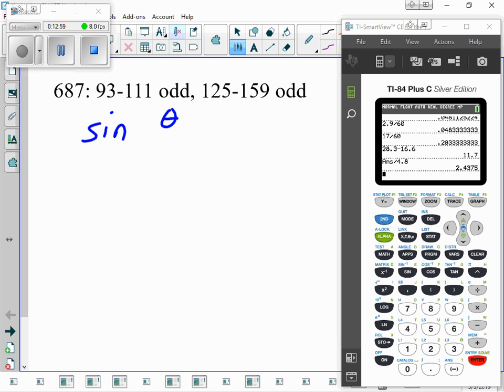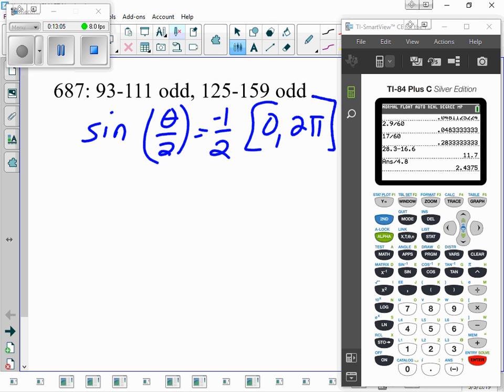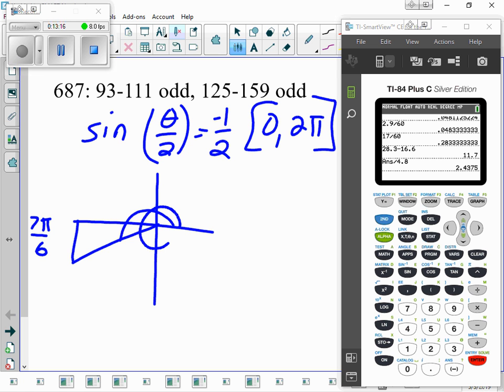If I did the sine of theta over 2 equals negative 1/2 from 0 to 2 pi, I'm looking in quadrants 3 and 4. So this is going to be 7 pi over 6. And this one is going to be 11 pi over 6. Anybody see a problem?